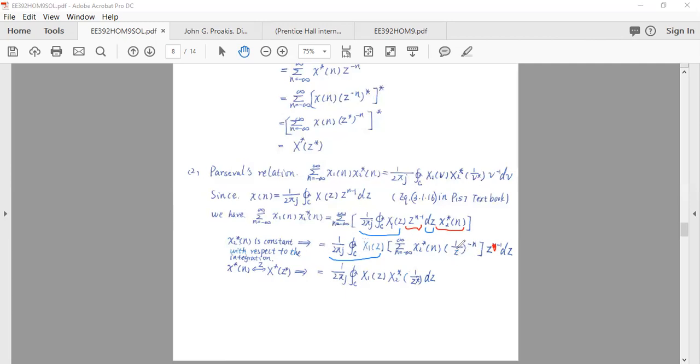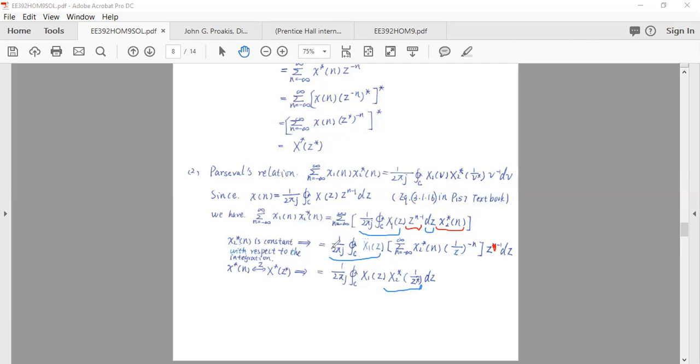You can see that this is basically just another way of writing the Z transform. It is similar to your Z transform definition, but in place of z, it is 1 upon z, right? So that is basically x2 of 1 upon z, conjugate of that, right? This particular term could be written as this over here.